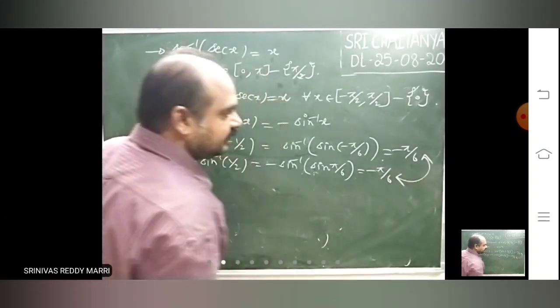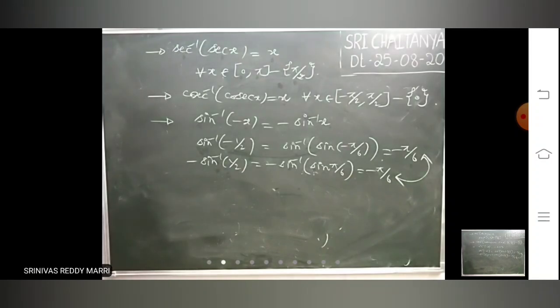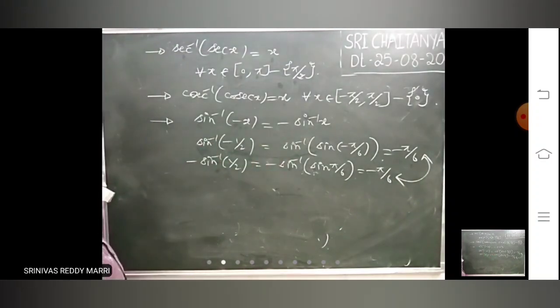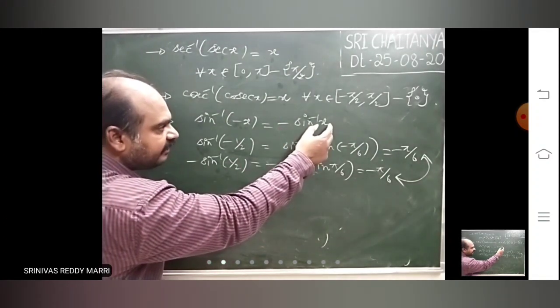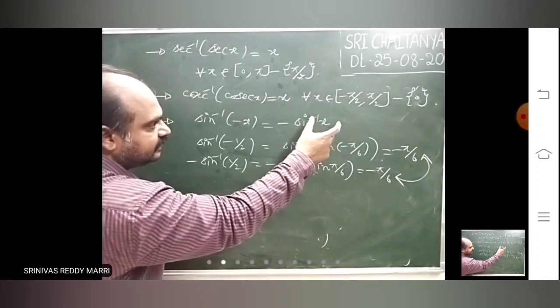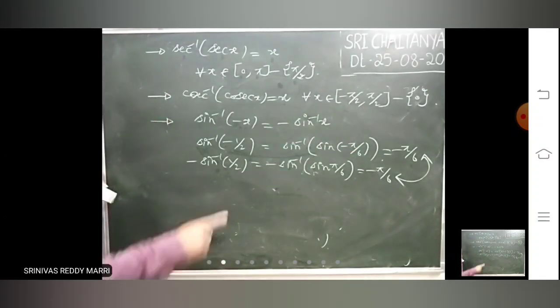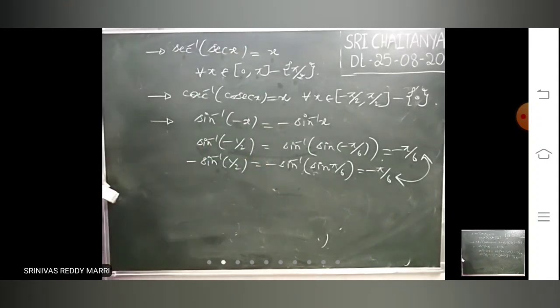These values will be equal. That's why whenever minus is there, you write it outside, minus sine inverse x. Always make the inside one positive, such that you can write sine of a positive angle. Right? Whenever the minus is there, first step is to write minus outside.